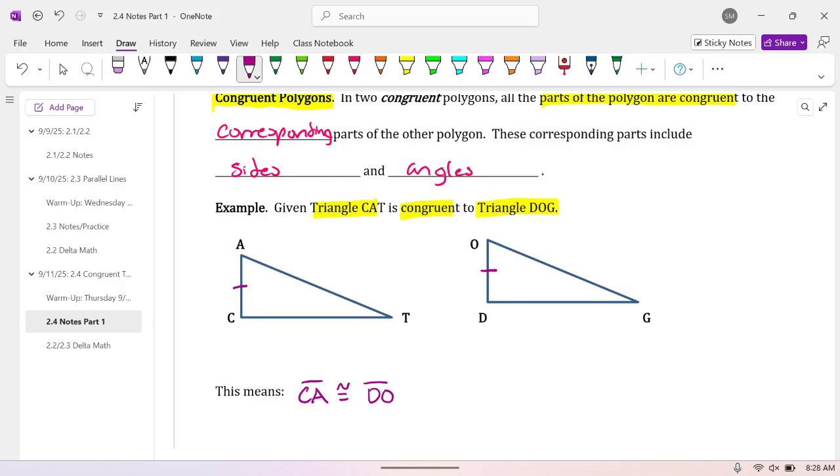So what's another set of corresponding sides? AT and OG. So I'm going to mark these with 2 ticks. So AT is congruent to OG. There's one more. What is it? CT and DG.